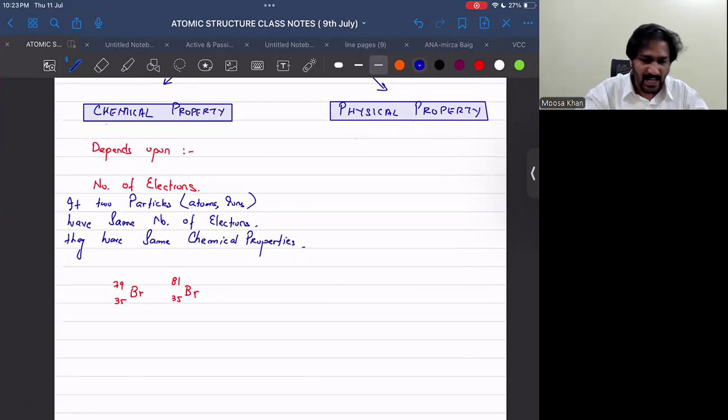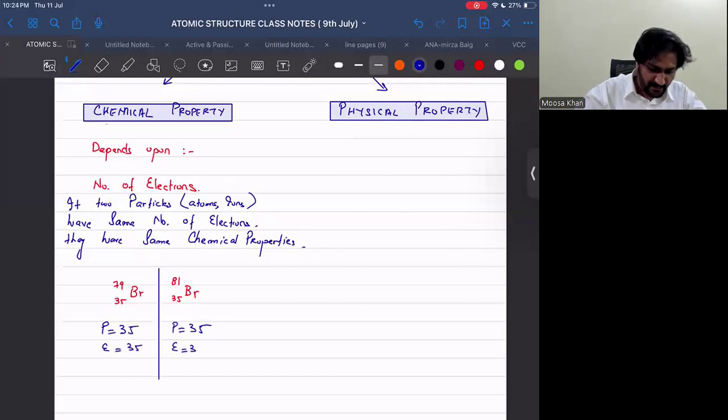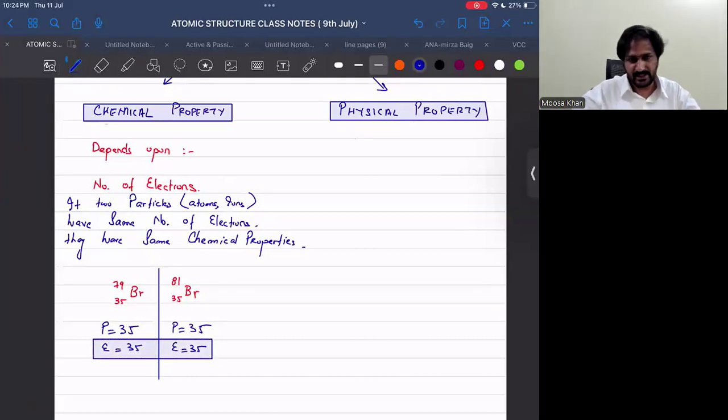It means they have zero charge. So both of these isotopes have the same number of protons, which is equal to 35, and the same number of electrons, which is equal to 35. If these two atoms have the same number of electrons, it means they must have the same chemical properties. Why? Because they have the same number of electrons.